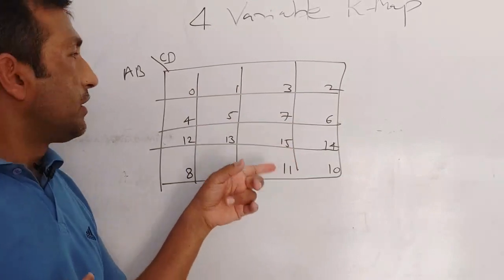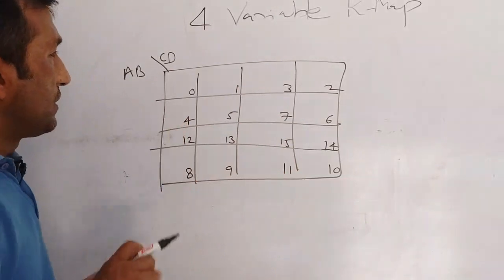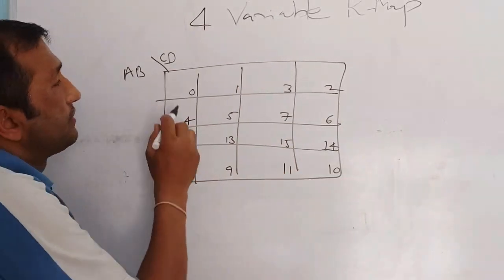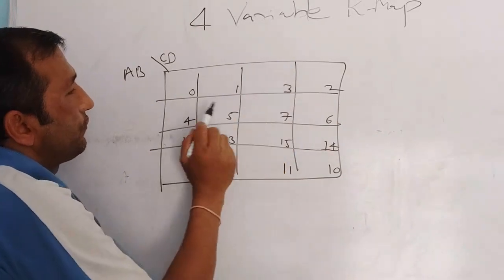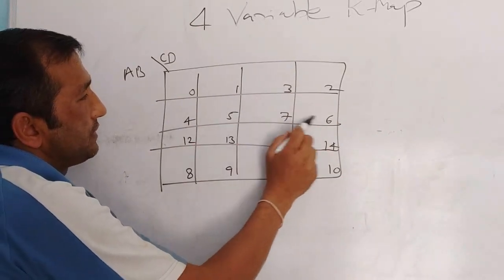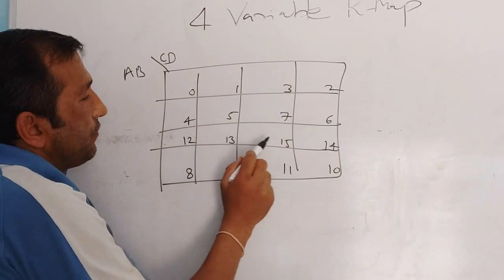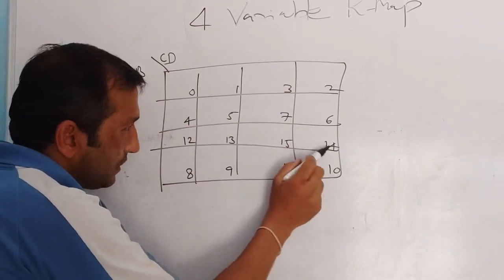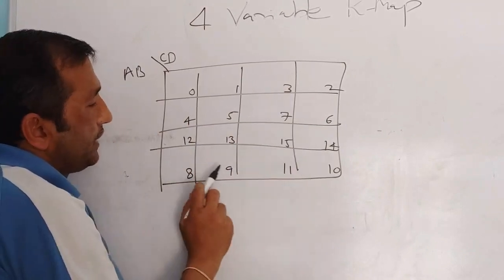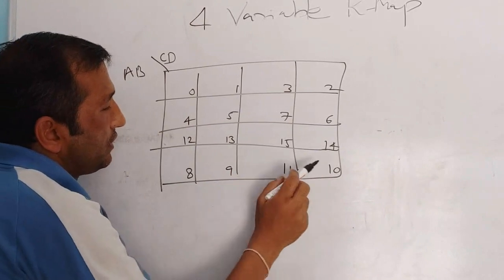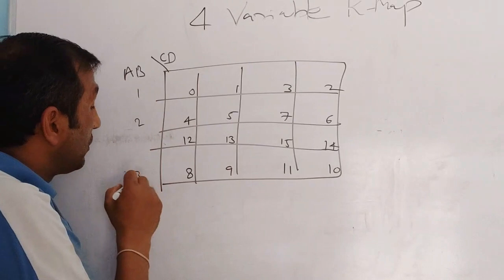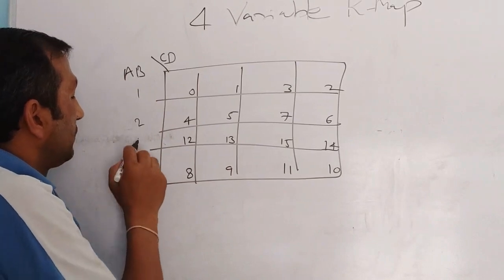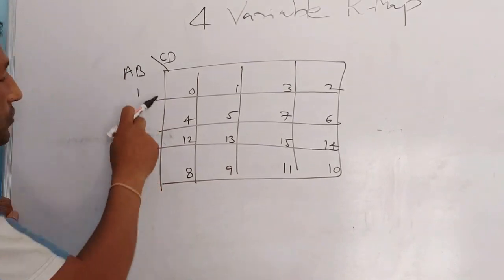So I hope you have got it. Have a look at this trend: 0, 1, 2, 3 becomes 0, 1, 3, 2, then 4, 5, 6, 7 becomes 4, 5, 7, 6. Then 12, 13, 14, 15 becomes 15, 14 at the end, and then 8, 9, 10, 11 becomes 11, 10. This is row number 1, 2, then go to the third and this is the fourth.